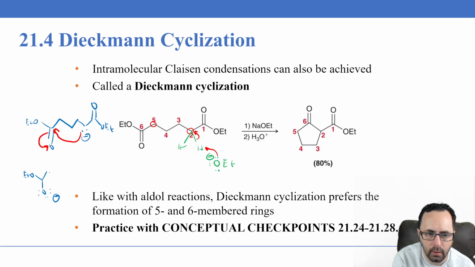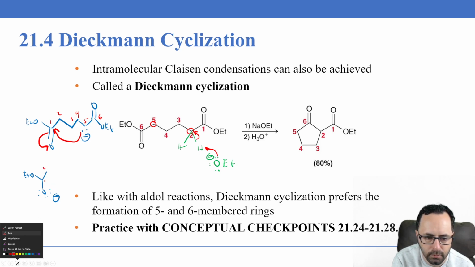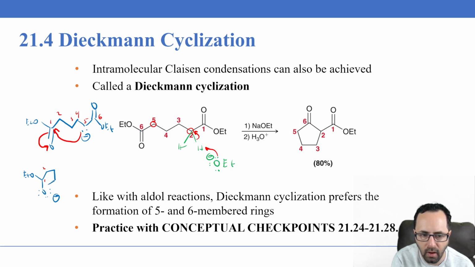I'm going to call this, let me number them so we can keep track here, 1, 2, 3, 4, 5, 6, like that. And so this is going to be 1, and this will be 2, and so forth. And so we'll go 3, 4, 5.